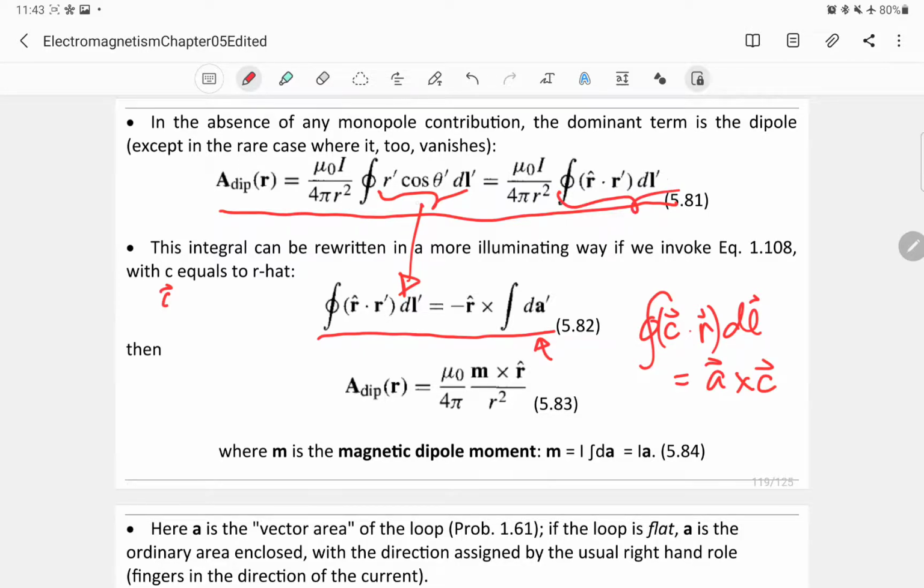This one, actually these are equal, and then you write this as this one. So then your vector potential in the dipole term is equal to this.